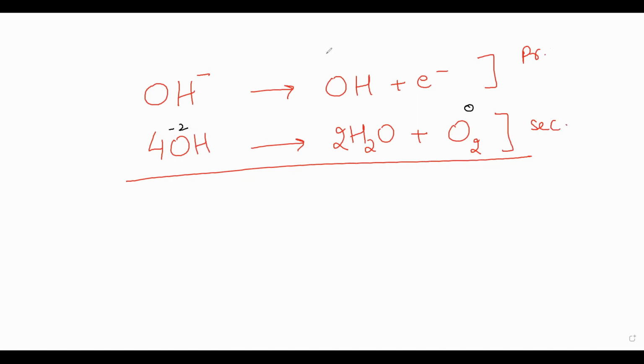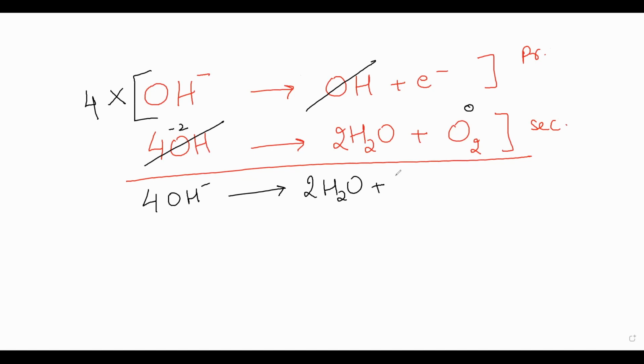In order to get the overall reaction, I multiply this by 4, so that the 4OH and 4OH intermediates get cancelled. The overall equation becomes 4OH negative to give 2 water plus oxygen plus 4 electrons. Or if I put 4H plus ions on both sides, then 4OH negative and 4H positive will become 4 water.